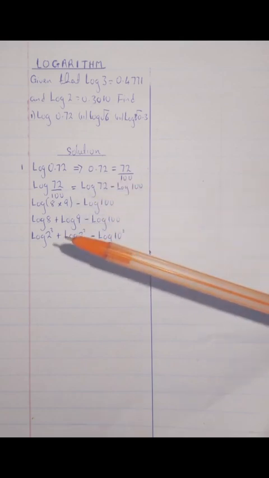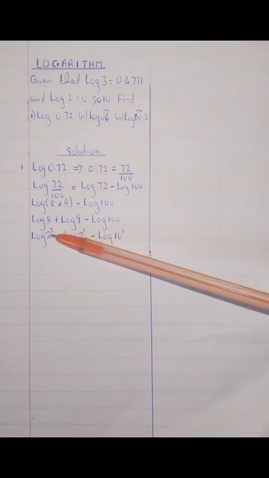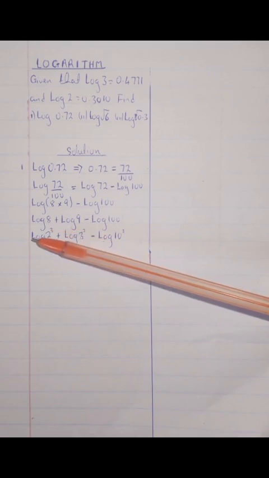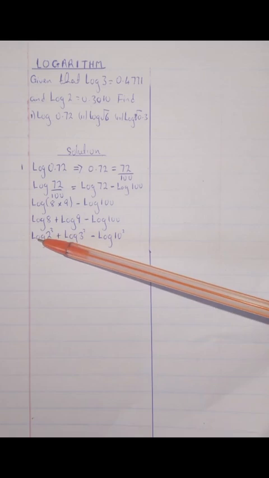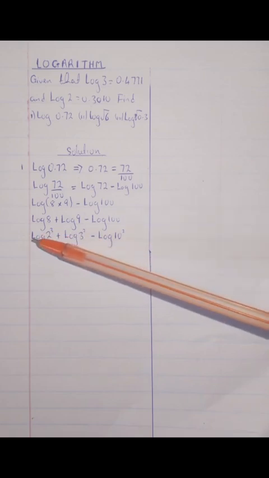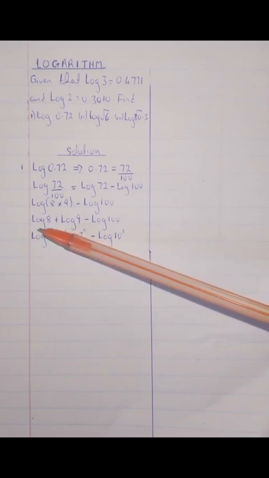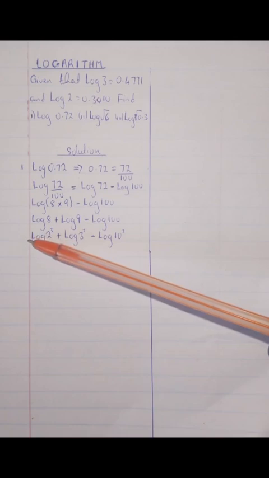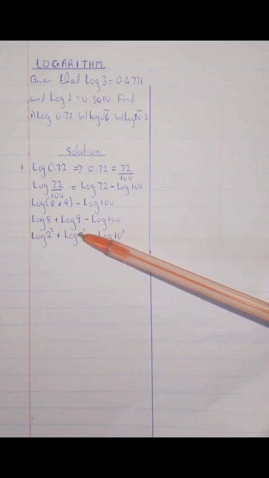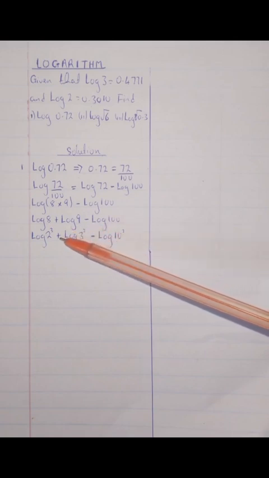Recall in index law of logarithm, I said if you have a power, bring this power to the front, let it multiply the remaining values. So since you have log 2 raised to the power of 3 here, we'll bring this 3 to the front. So we'll be having 3 multiply log 2. For this one, which is log 3 raised to the power of 2, we'll bring this 2 to the front. We'll remove it here and bring it to the front.